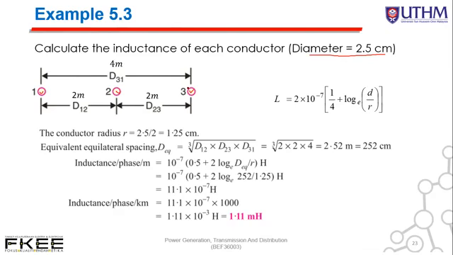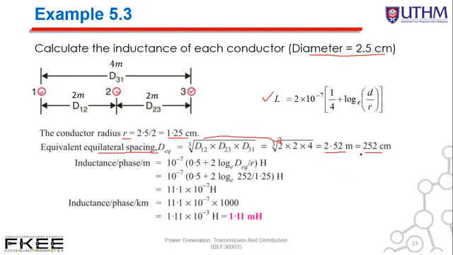Because the diameter given is 2.5, we can calculate the radius of the conductor, 2.5 divided by 2, so we got 1.25 centimeter. We can use the same formula to calculate the inductance. Basically we calculate the equivalent equilateral spacing DEQ, by converting the values of D12, D23 and D31. So we got 2.52 meter, that is 252 centimeter.